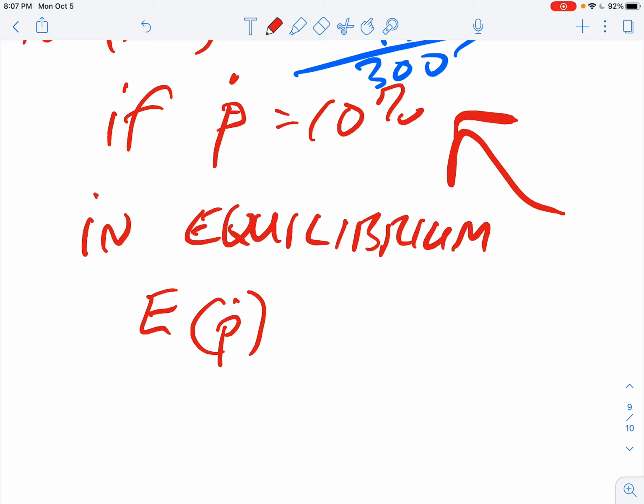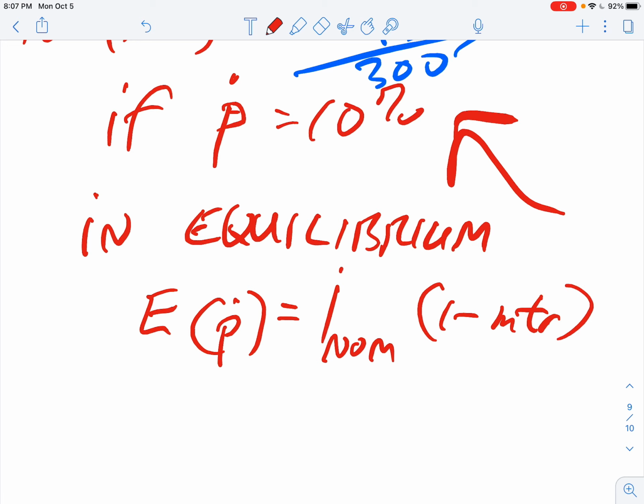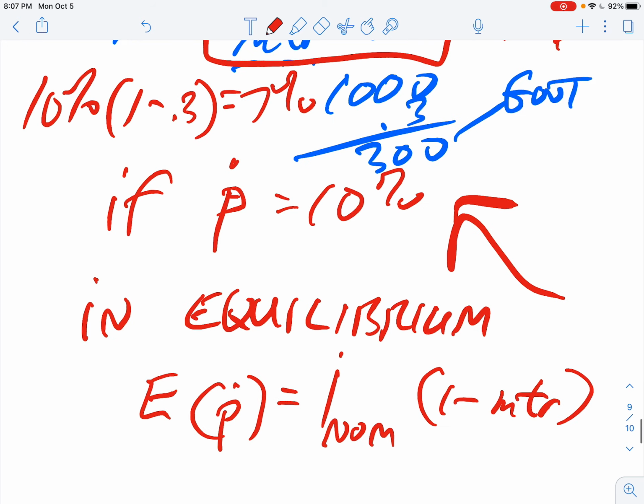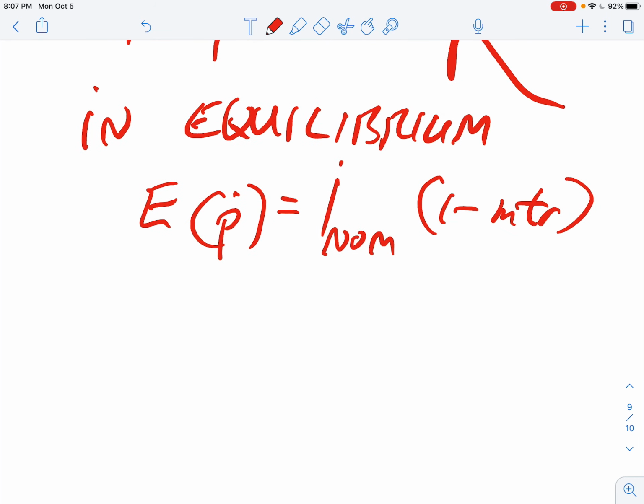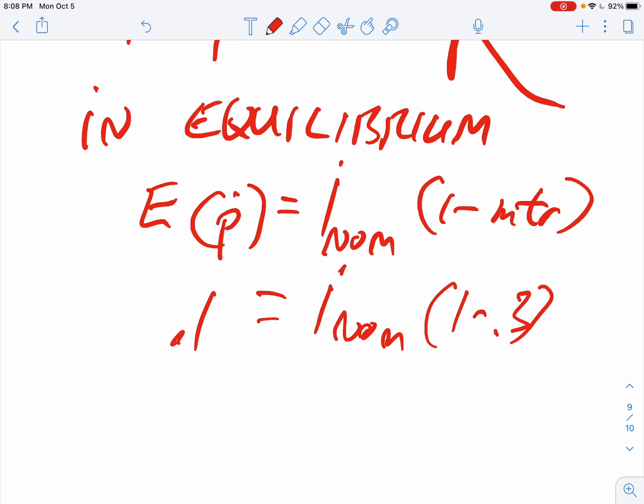Expected inflation in equilibrium would equal the nominal interest rate, I'll call it I-nom, times 1 minus the marginal tax rate. So in our prior example, if expected inflation was 10%, okay, I'll use decimal 0.1, then we have to solve for the value for the nominal interest rate, where 1 minus 0.3 times that I nominal is equal to that. So this is 0.7, of course, right here.